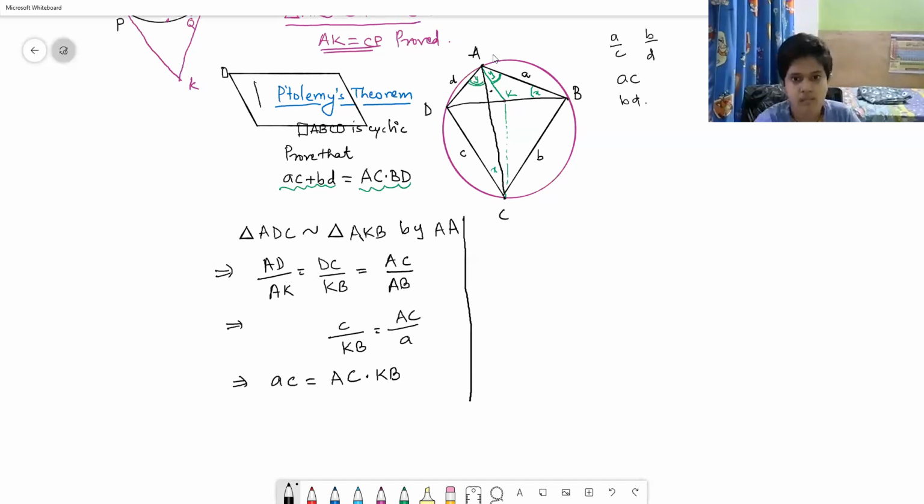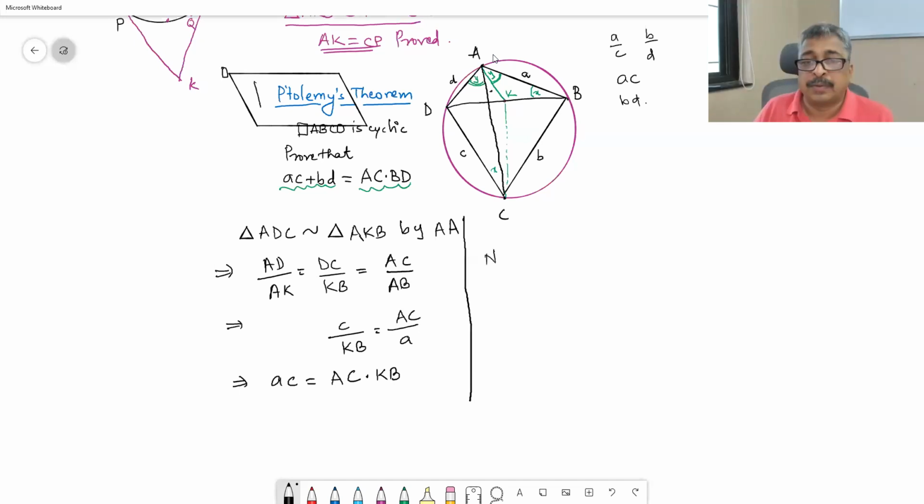Yes, sir. Both angle CAB equals angle DAK. And we have CA upon DA. We have this ratio with us.